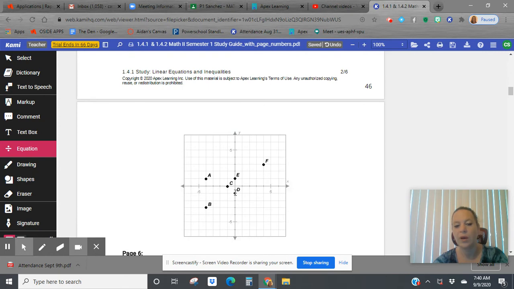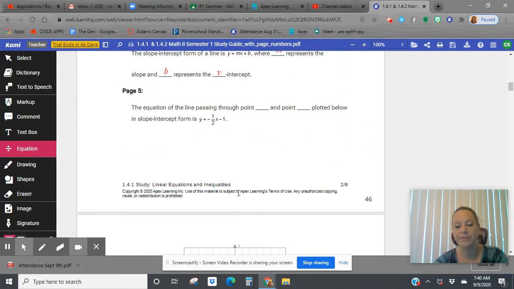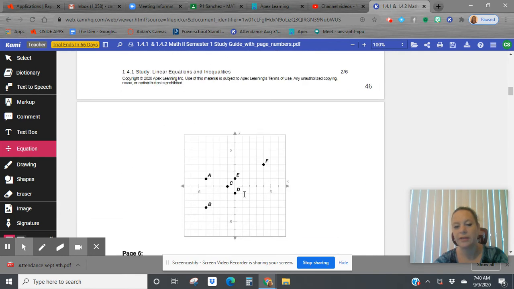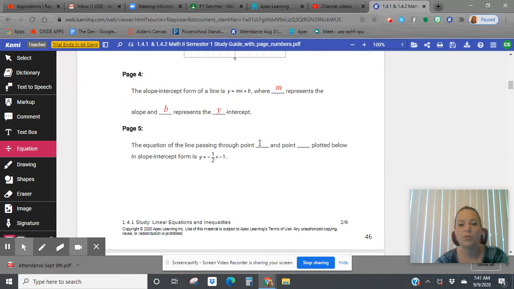So going down 1 and then down 1 over 2. Well, there is no point down 1 and over 2 from there. So the first point, D, is on my line. That's my y-intercept. But now I'm looking to see if I can count the slope backwards, back 2 and up 1, back 2 and up 1. Here's this other point A that would be on my line. So point D and point A are on my line.